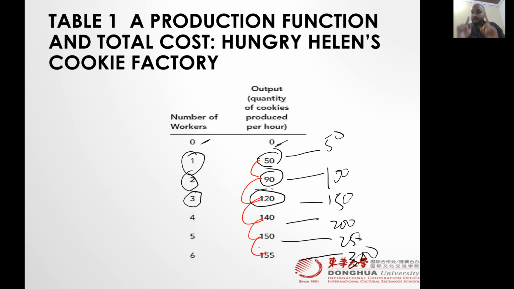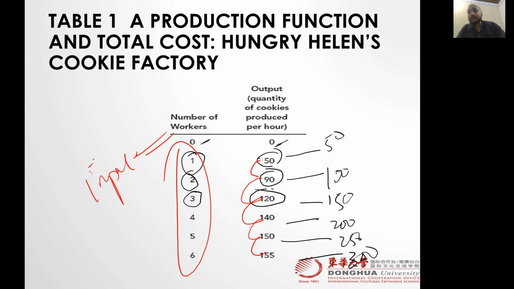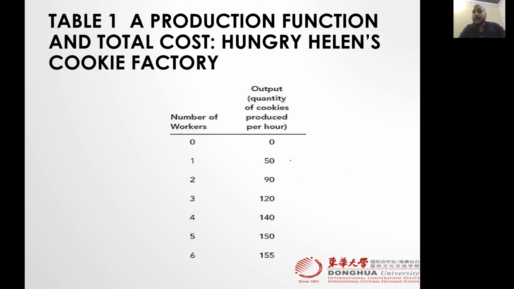So total production is increasing by increasing the number of units, the number of inputs. It means by employing more workers, your total production increases, but at a decreasing rate, which means when you employ one worker, he added 50 units to the production.